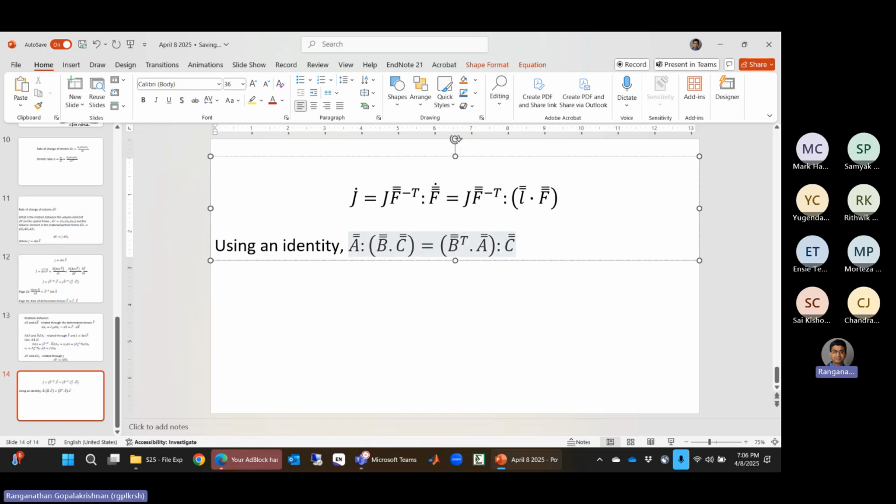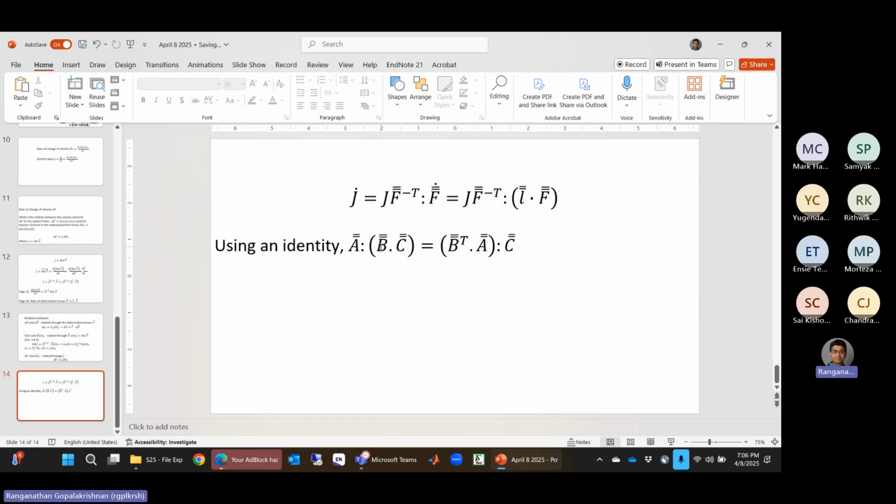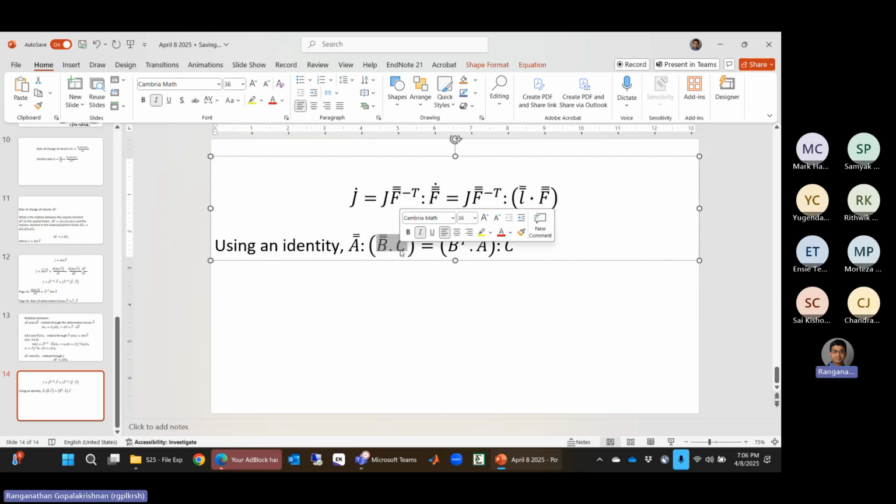All right. Question. What is the rank of B dot C where B is a second order tensor and C is also a second order tensor? What is the rank of B dot C where you do the inner product once over one index?